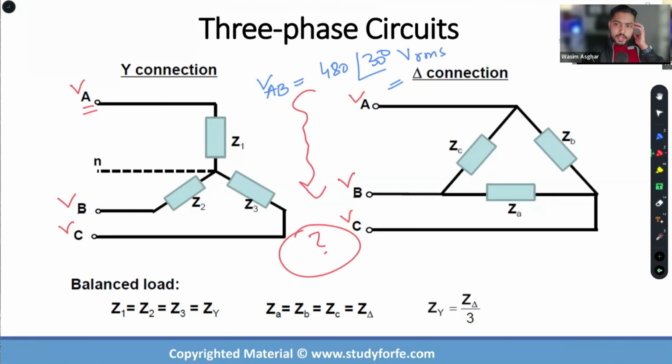Now, if you're scratching your head and thinking, what should I do with the line to line voltage? I can see it's a line to line voltage, but here's the kicker: it's not necessarily obvious. There is a little bit of an element of ambiguity with respect to VAB being line to line or phase voltage, which really depends on the configuration. But anyways, leave that aside.